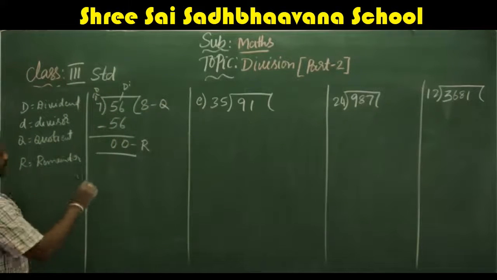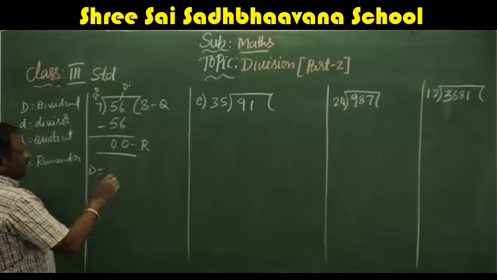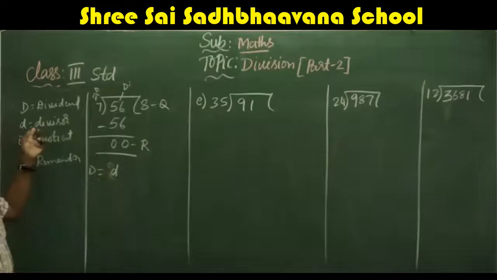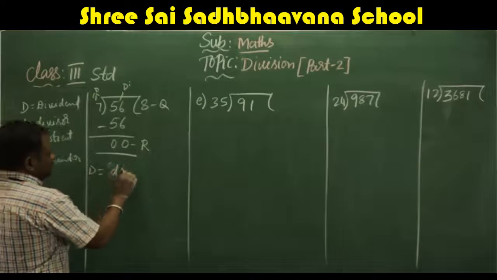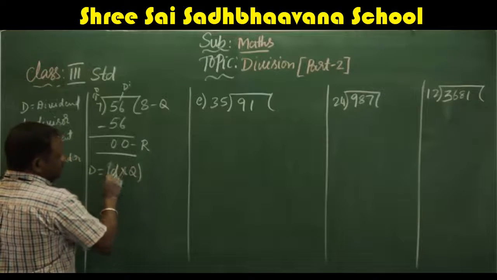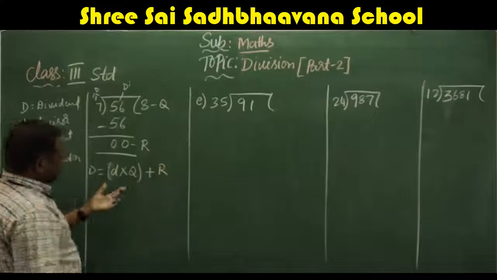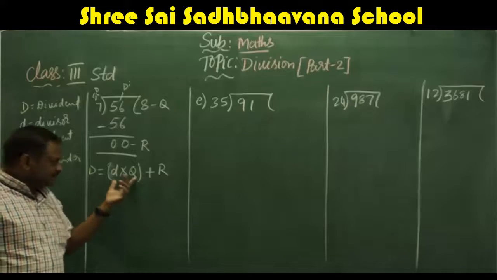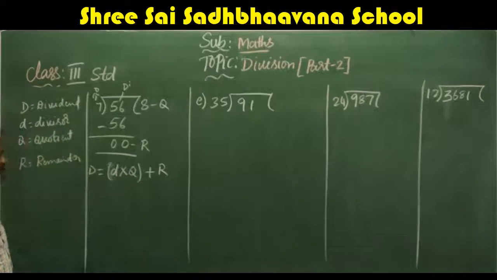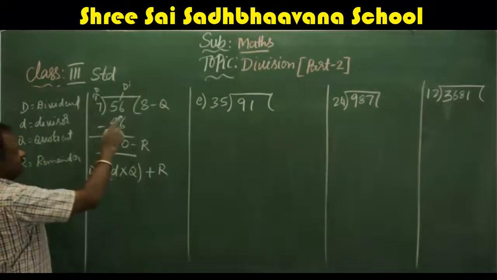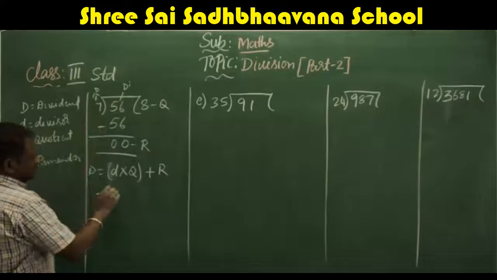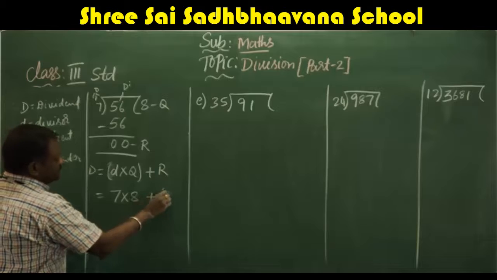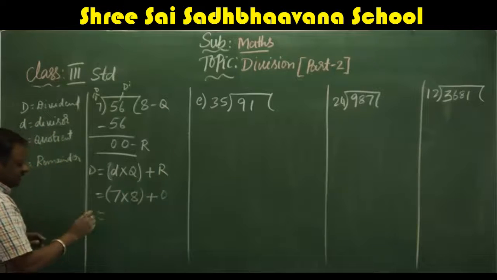So to find the dividend, we have one formula: dividend D is equal to divisor into quotient plus remainder. After multiplying only you have to add. Before that don't add, multiply then add the remainder. So what is the divisor here? 7, quotient 8, plus remainder 0.